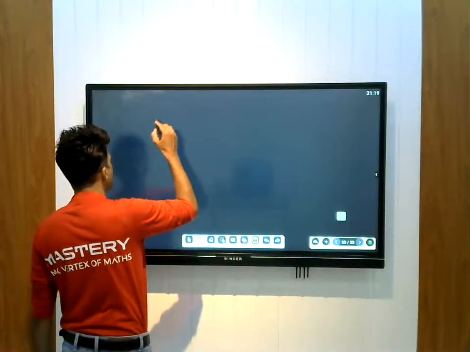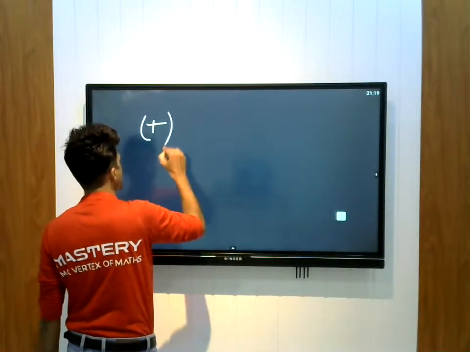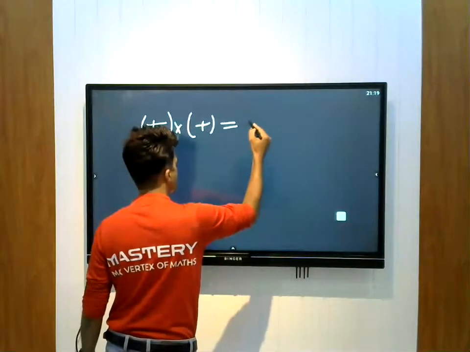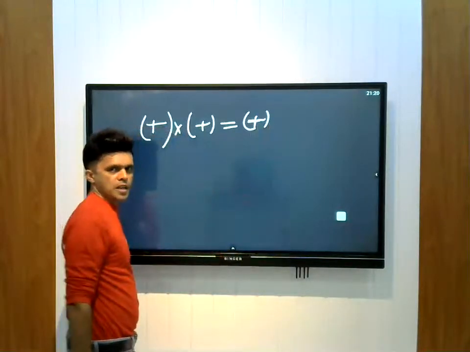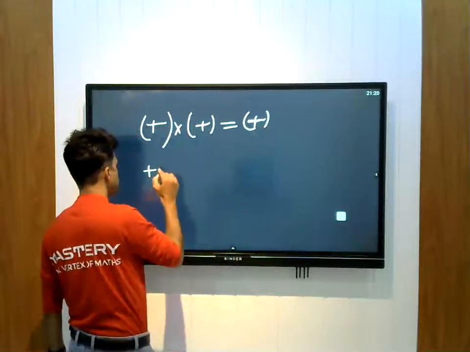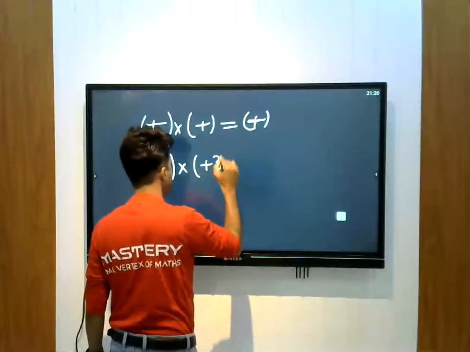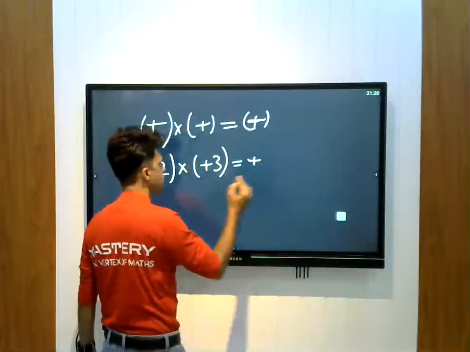When you multiply a positive value and a positive value, the answer should be a positive value. So when you multiply plus 2 and plus 3, plus into plus is plus, 2 times 3 is 6.